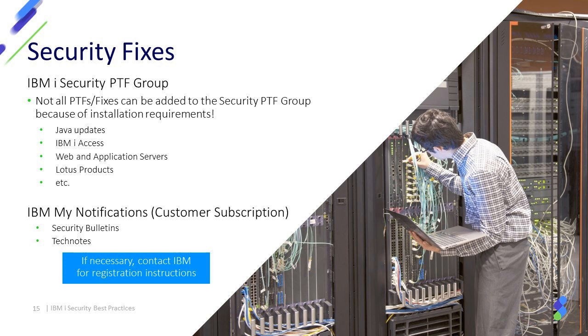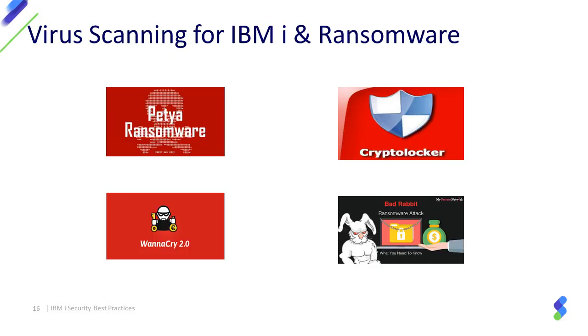So you can go subscribe to IBM i release 7.3 if that's where you're sitting, or 7.2. And anytime a security bulletin is created by IBM and published, you'll get an email that basically says, here are the fixes available for this issue. You get them quite often from IBM.